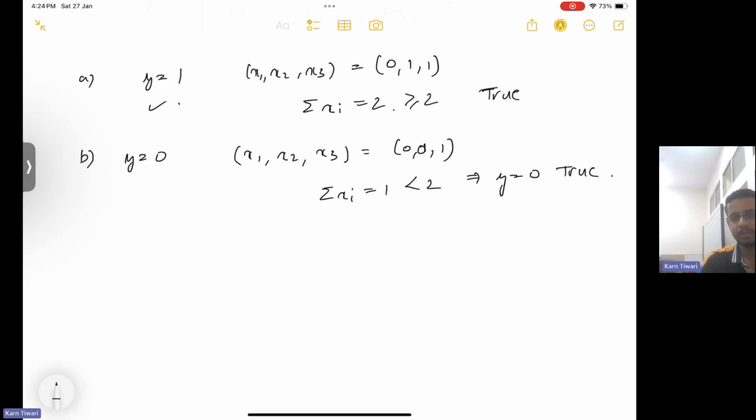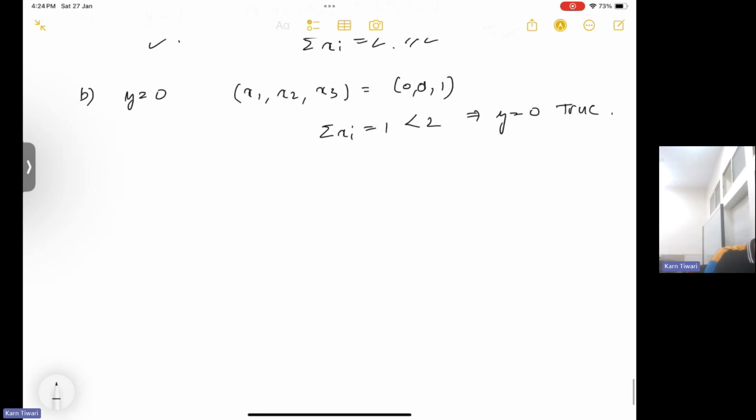So the summation x1 plus x2 plus x3 is 1, and it is less than 2, so the output is 0. So again, it's true.